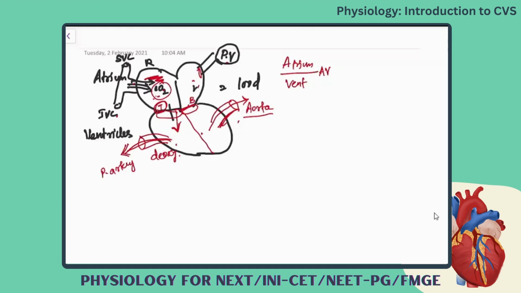Okay, clear? So now from the upper chambers, atrium to the ventricles, you have a valve called as AV valve. AV valve in general. So the right side it is tricuspid, left side it is bicuspid. Okay.